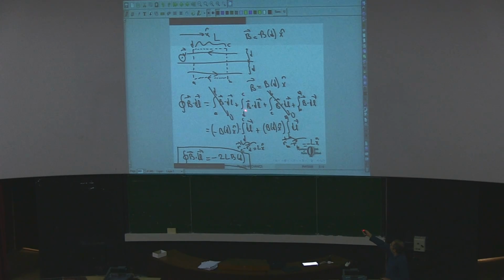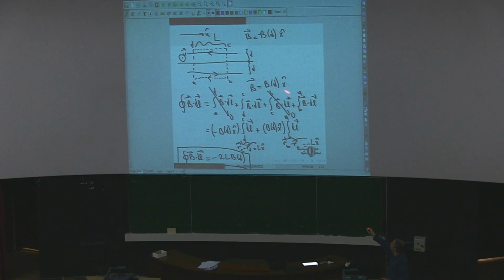And then I'm saying that, okay, in this part, I'm moving from the point A to point D. I'm moving from this corner to that corner, along this path. The changes in my position, which I denote by dl, dl is pointing in the vertical direction. But B is horizontal.